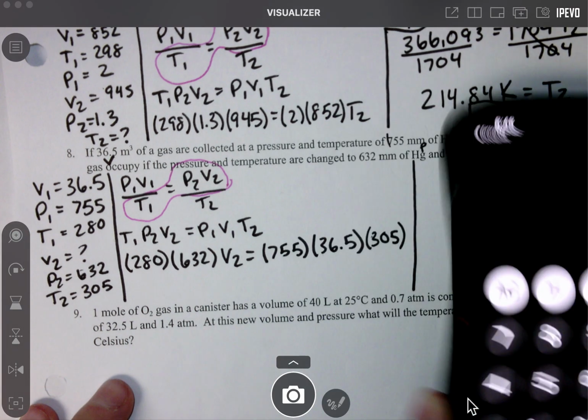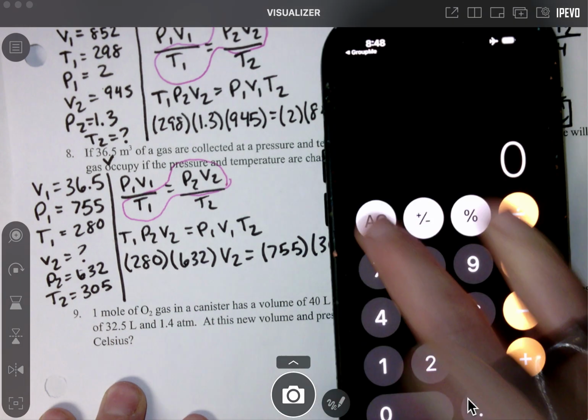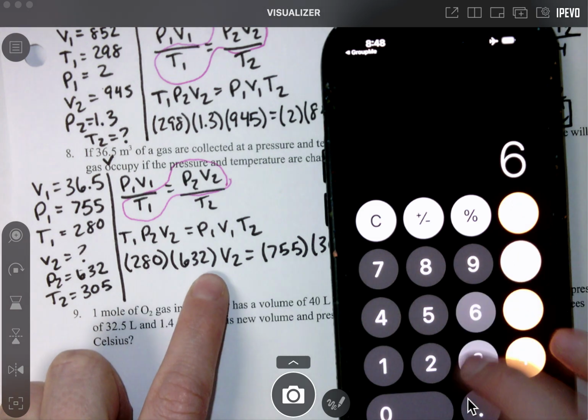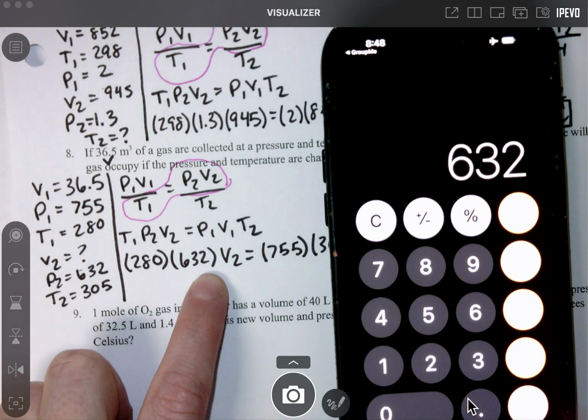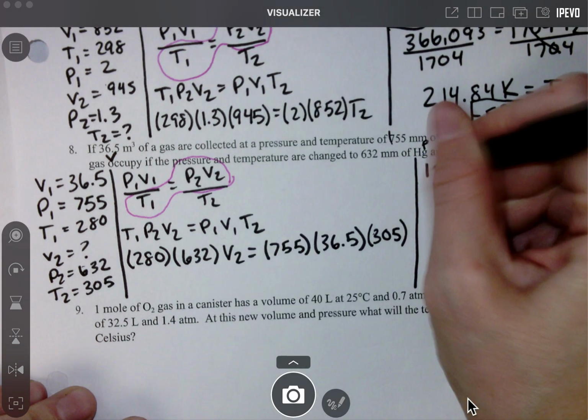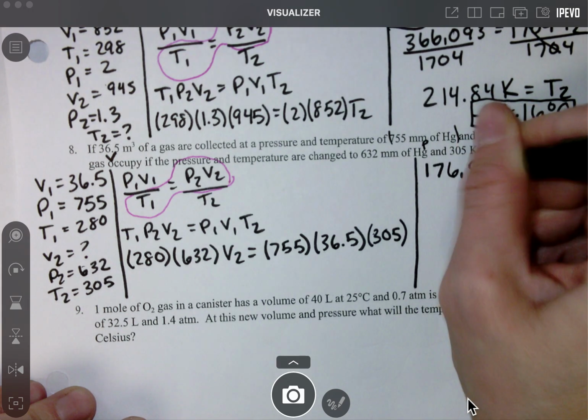So I'm going to simplify the left side of the equation first. So 280 times 632, and we end up getting 176,960.